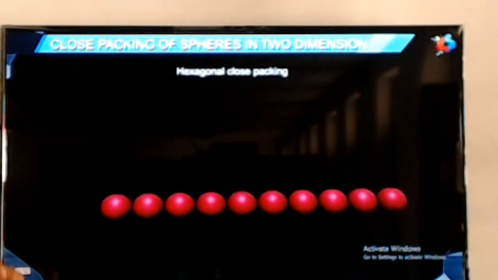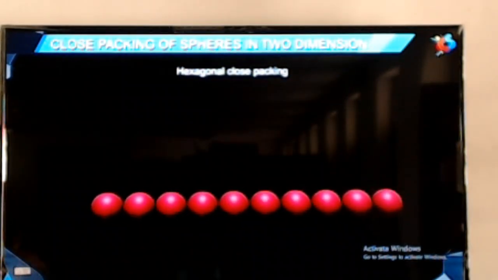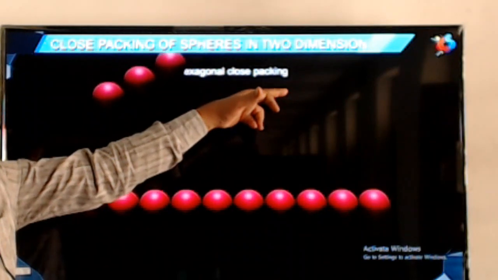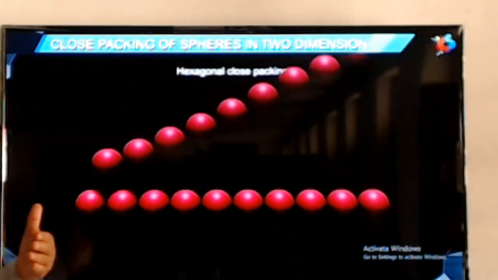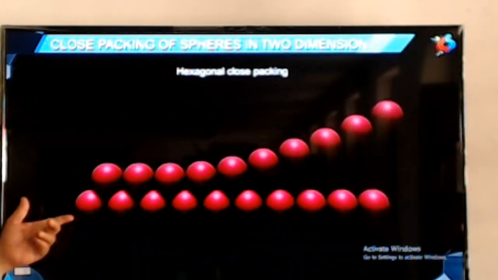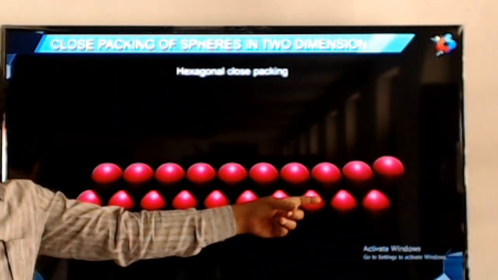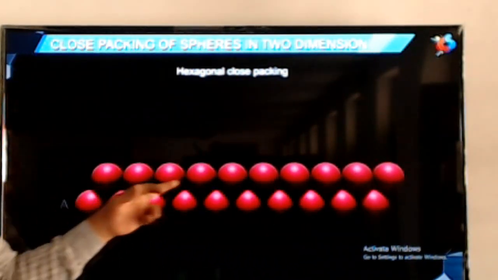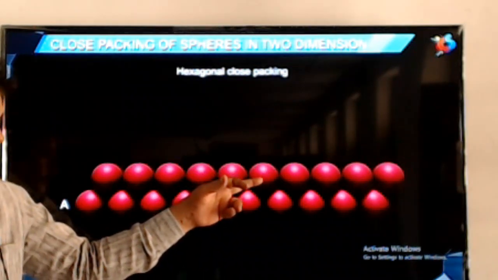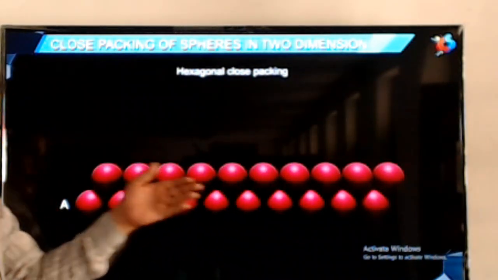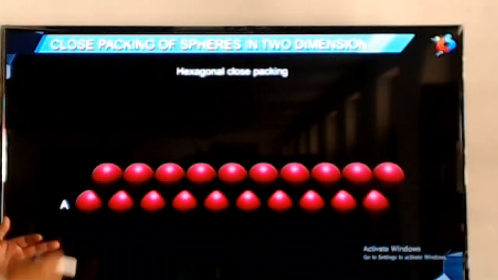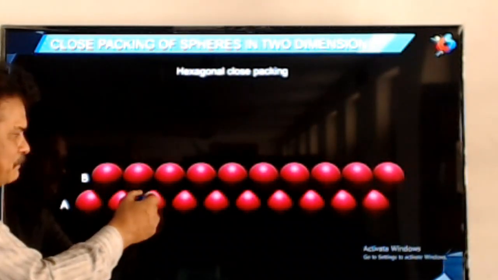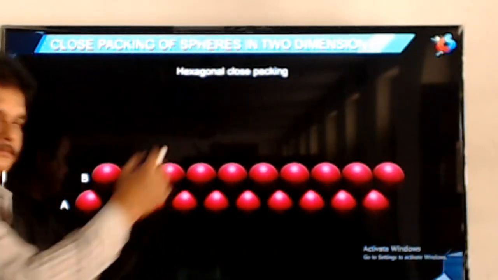There is another way of 2D closed packing, that is hexagonal closed packing. How is this hexagonal closed packing formed? Say this is the linear packing of the particles. Now another linear row of particles is arranged in such a way that the particles of the second row come into the dips of the first row.